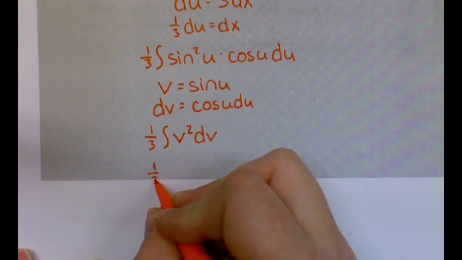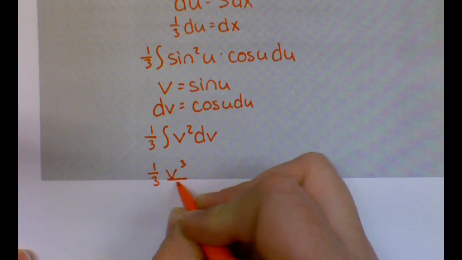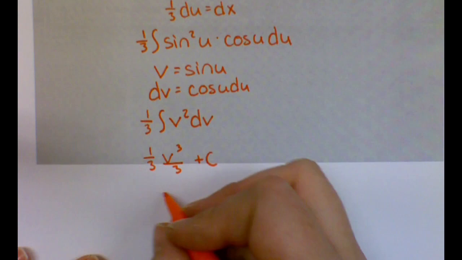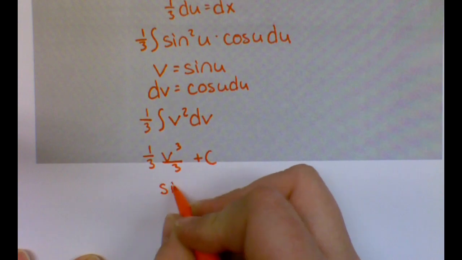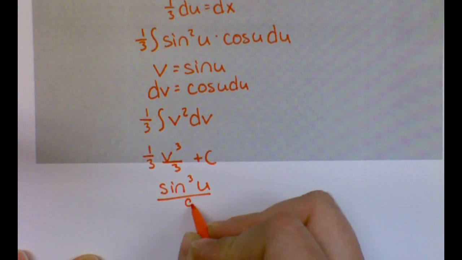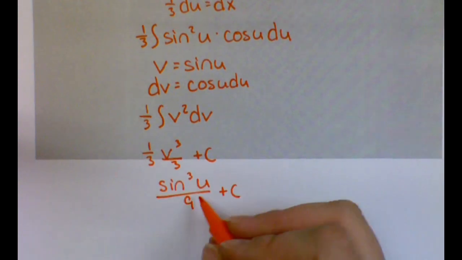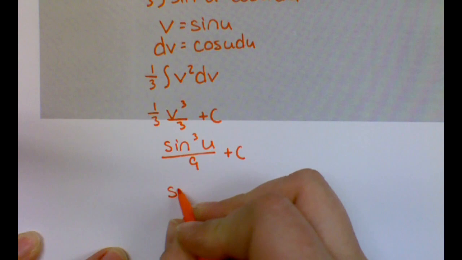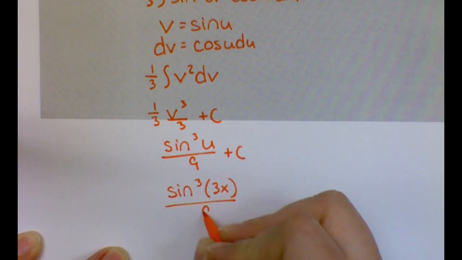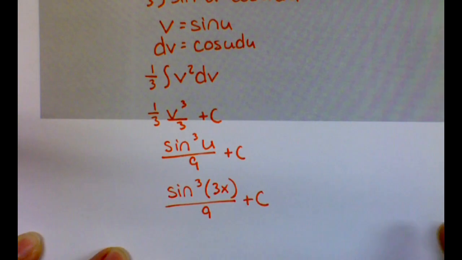And I can keep going, 1/3 of v cubed over 3 plus c. Now I just start plugging stuff back in. v was sine of u, so sine cubed of u, now it's over 9 plus c. And u was 3x, so I have the sine cubed of 3x over 9 plus c as my antiderivative.